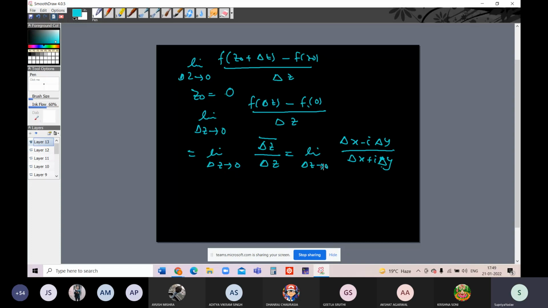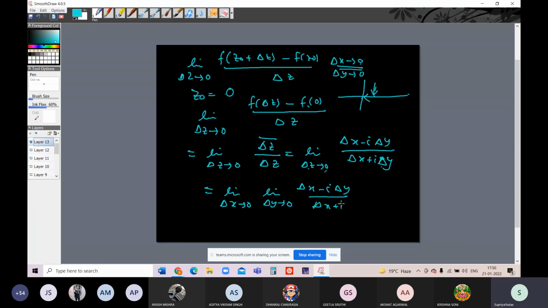Okay, so we have to take delta z tending to 0. When delta z is tending to 0, this gives delta x tending to 0 and delta y tending to 0 simultaneously. So here we are choosing the path. First, we take delta y tending to 0, and then delta x tending to 0. So first we take the limit delta y approaching 0, then we are choosing the path delta x, in the expression (delta x minus i delta y) over (delta x plus i delta y).